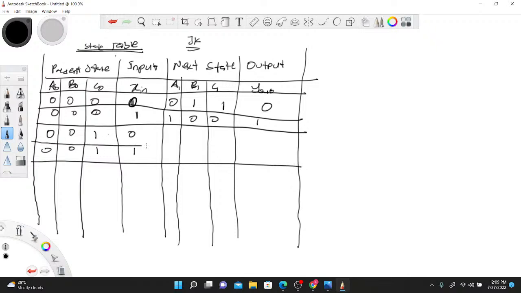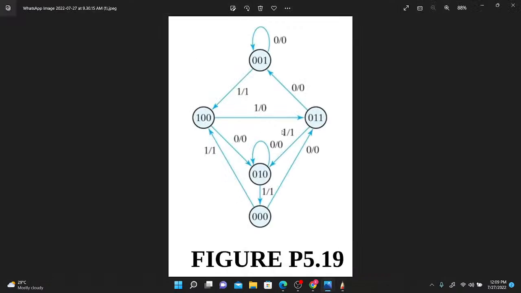For the 0 0 1, it goes to 1 0 0 when it is 1. It has an output of 1, and then it goes to itself when it is 0. You understand?